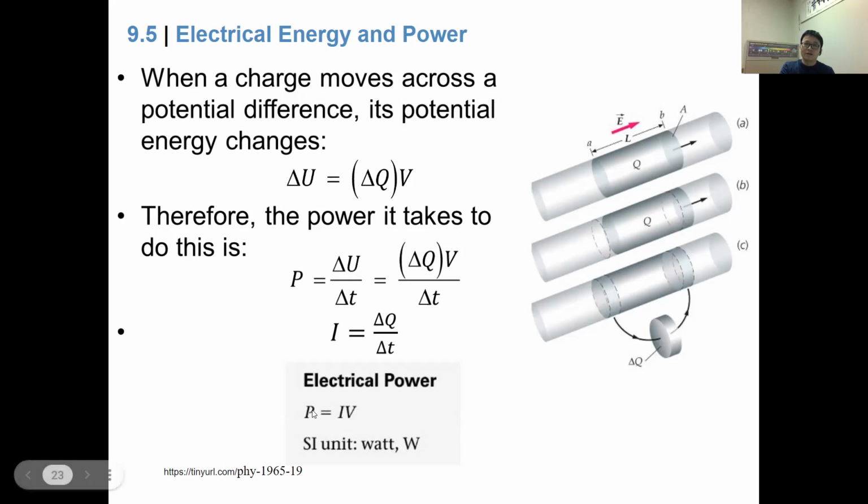So electric power can be written as the current through the conductor times the voltage across, and it's in units of watts.